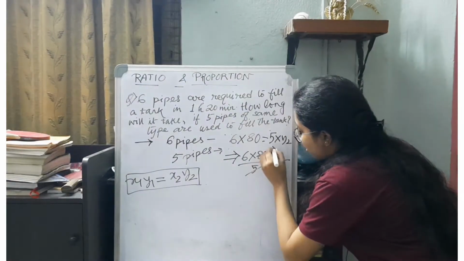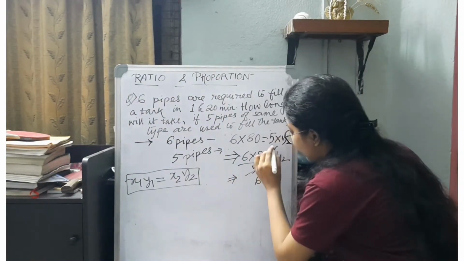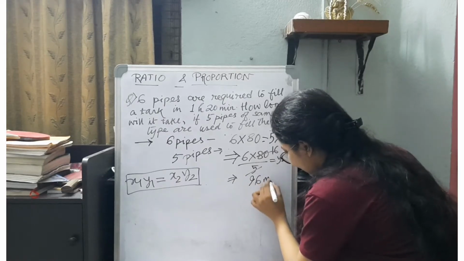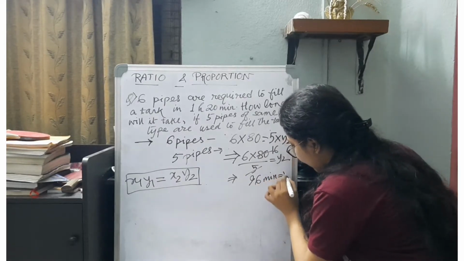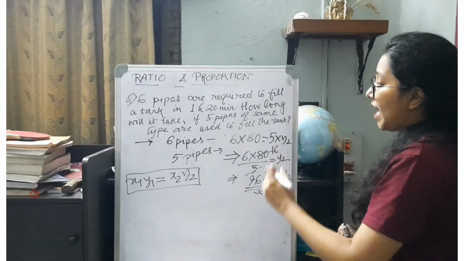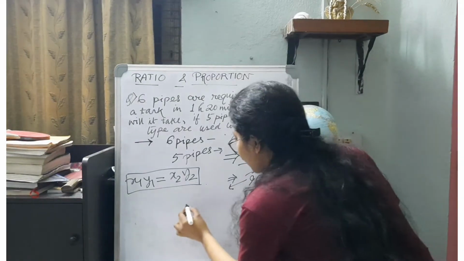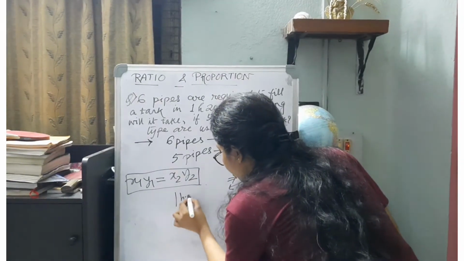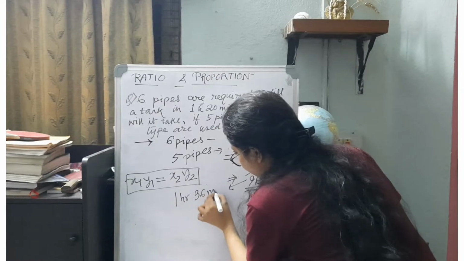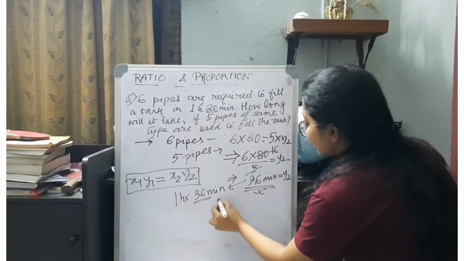So 16 into 6, that means 96 minutes is the time taken. We can verify the answer with the fact that yes, time taken is more. Why? Because 96 minutes is nothing but 1 hour 36 minutes. So time taken is obviously more and hence verified.